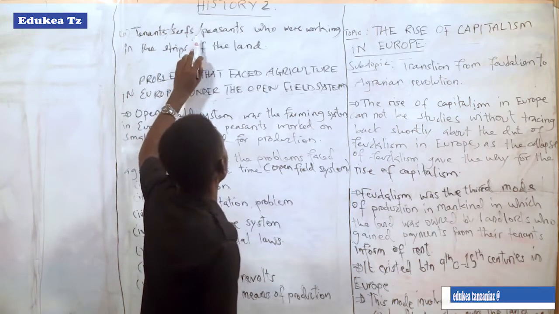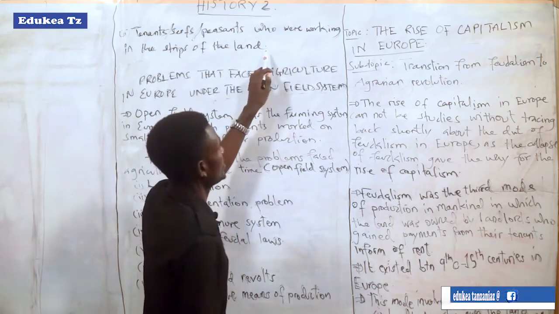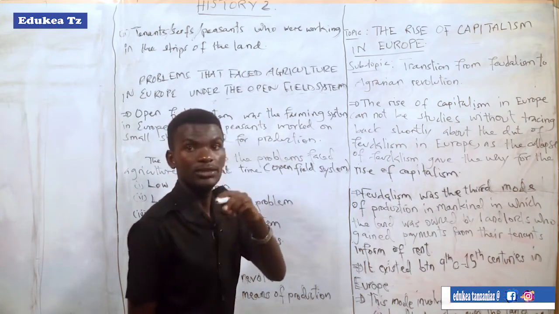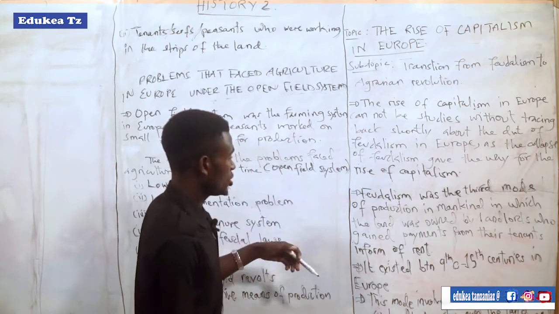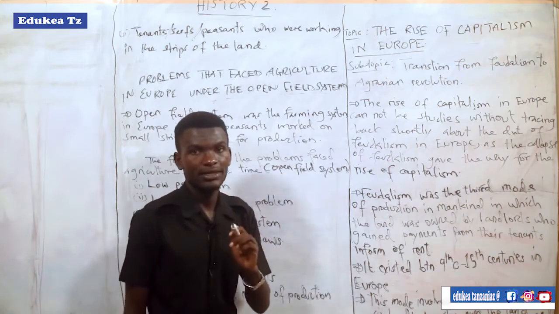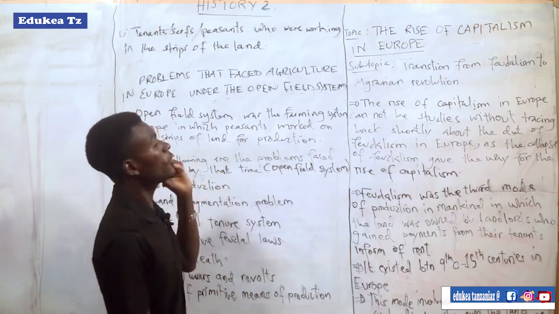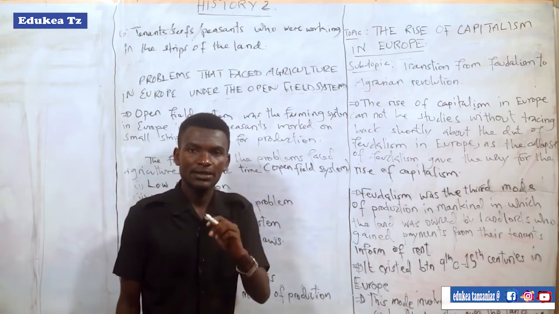These tenants or serfs or peasants worked on the strips of the land, and they paid rent to their landlords. So after seeing the definition, periodization of feudalism and the groups involved in that mode of production, let us see the problems that faced agriculture under the open field system.